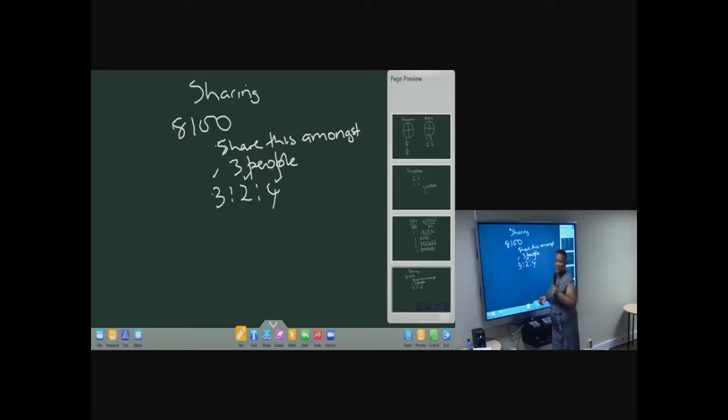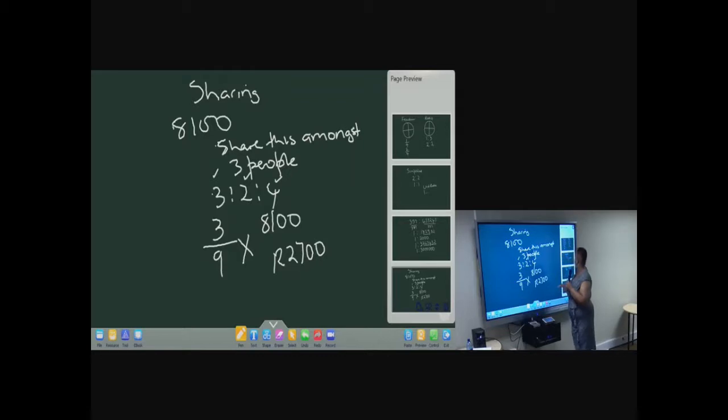So for each person, you will say that person's ratio over the total ratio, multiplied by the total amount you are sharing. And then she will be getting 2,700.